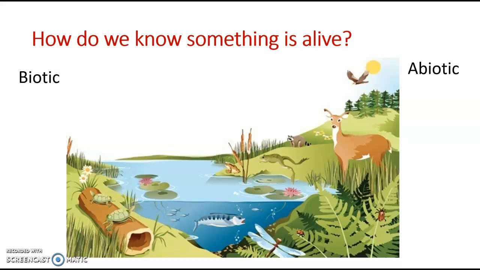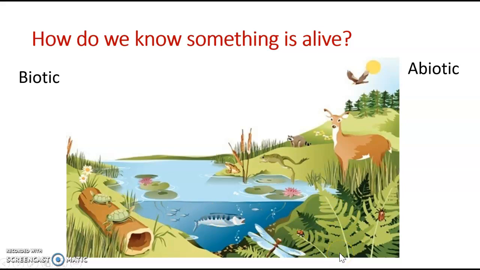So if you look at our image here, we can see examples of both biotic, living things, and abiotic. So something that is obviously alive would be the deer, the frog, the cattail, the plant is alive, the fish. Those are all biotic living things, the ladybug, the fern.